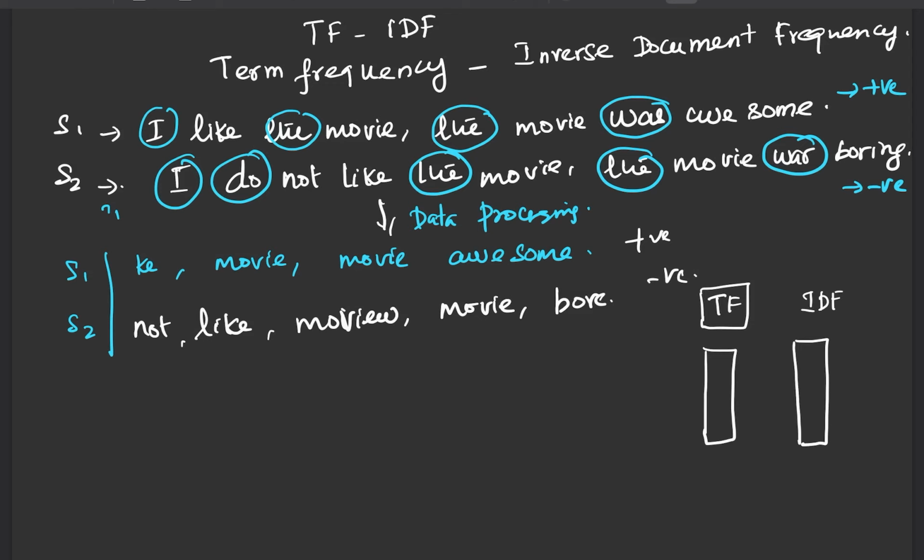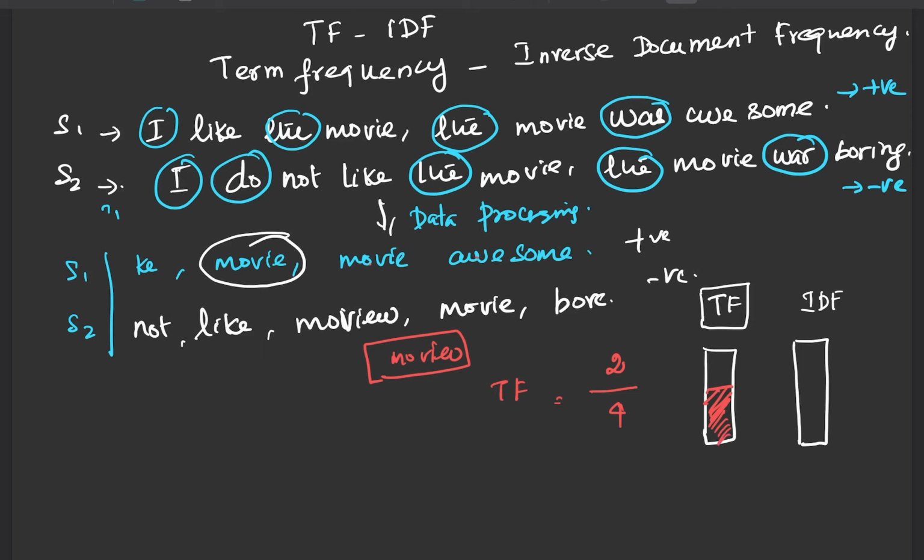When you take the word movie, the total number of words is 4. To calculate term frequency, the denominator is the total number of words in the document, 1, 2, 3, 4, and I calculate this value for the word movie. For the word movie, the term frequency TF is 2 out of 4.